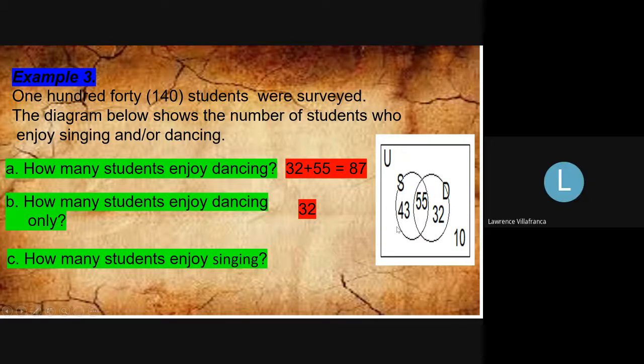Okay, 98, so De La Cruz. May kaapelyido ka ba, De La Cruz? Wala po. Okay, so 98 daw, that is 43 plus 55. The total of 98.